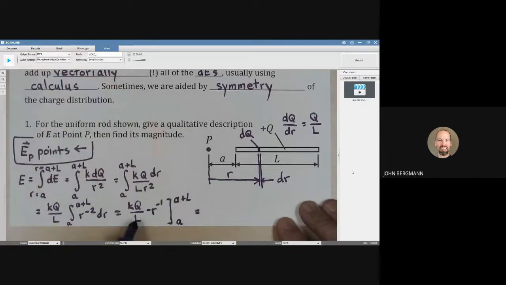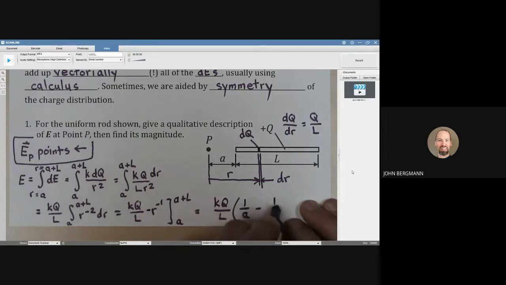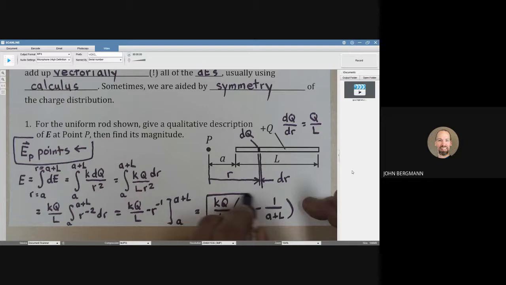And one little trick here, if you have a negative r to the minus 1, you can basically flip those limits. And in essence, what you get is kQ over L, 1 over a, minus 1 over a plus L. It's a little bit complicated, but that's how it works out.